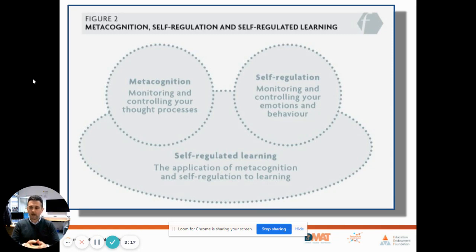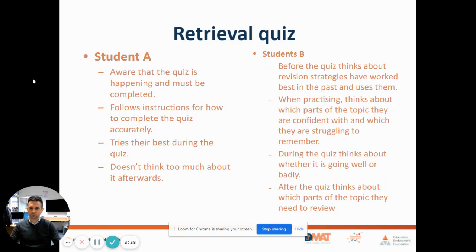So how much ownership do they take for it? How much thought do they give it? Or are teachers just trying to cause learning without the help of the students, which is often where we find ourselves at times. And that's particularly pertinent during a lockdown, that we're helping students to become metacognitive, to become self-regulating, and we know it can be taught. So let's do that as well as we can.